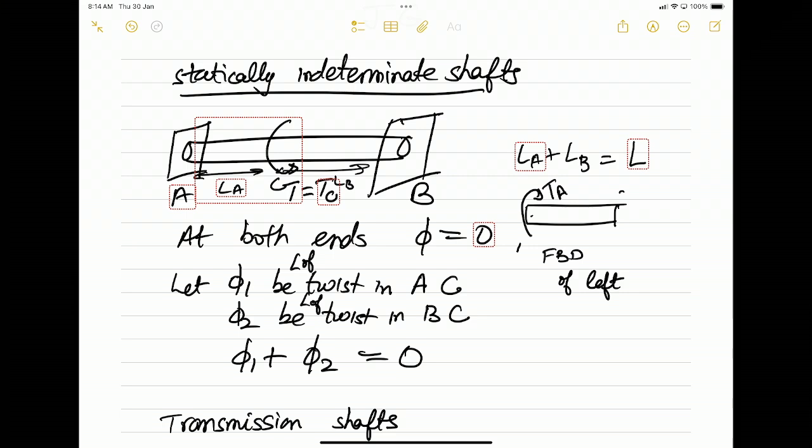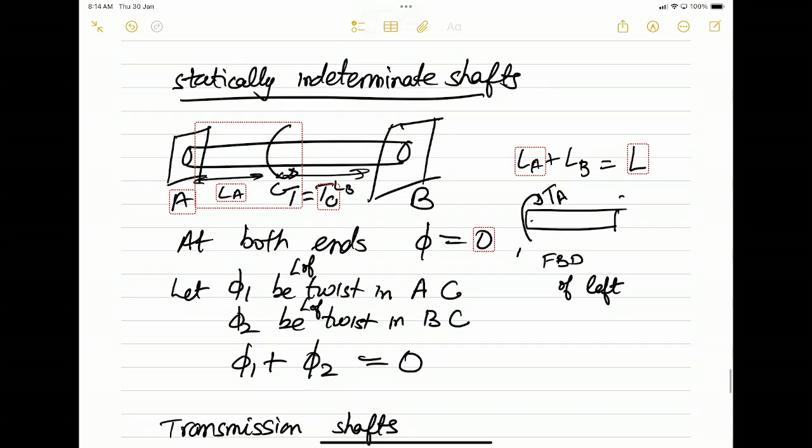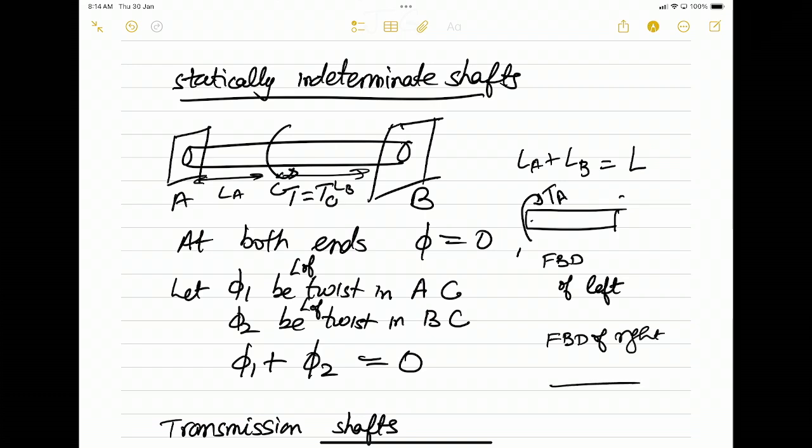If I draw a free body diagram of the right part, I get a torque TB. Because I am cutting at the section, TC does not come into play at all.